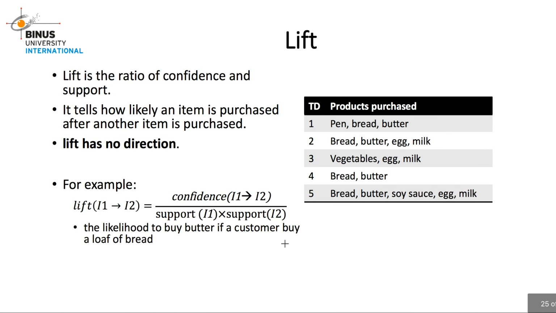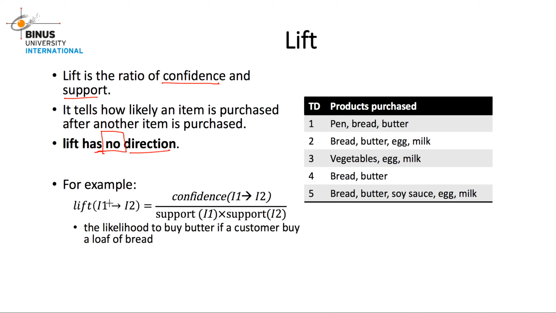Okay, now how about lift? Lift is the ratio of confidence and support. It tells how likely an item is purchased after another item is purchased. Different from the other measurement, confidence, confidence has direction, but lift has no direction.